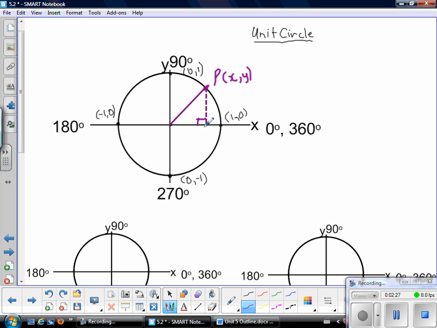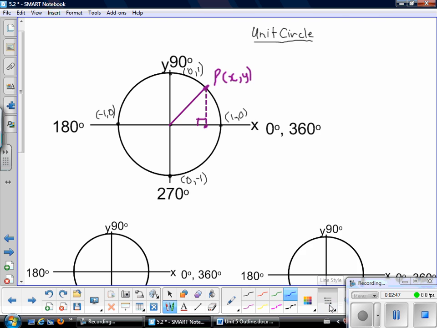Now, I'm interested in this coordinate that's here. In comparison to the point P, I know the distance from the origin to that point has to be the same value as the x coordinate of point P. We all agree on that part, hopefully.